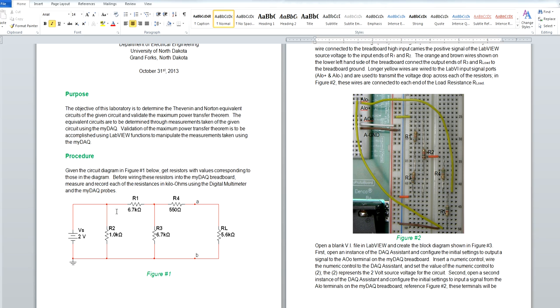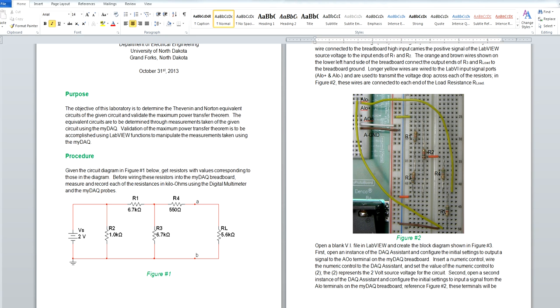How we're going to accomplish this is as shown in figure 2. We're going to take the yellow wires, just as we've read across the load resistance for the load resistor shown.